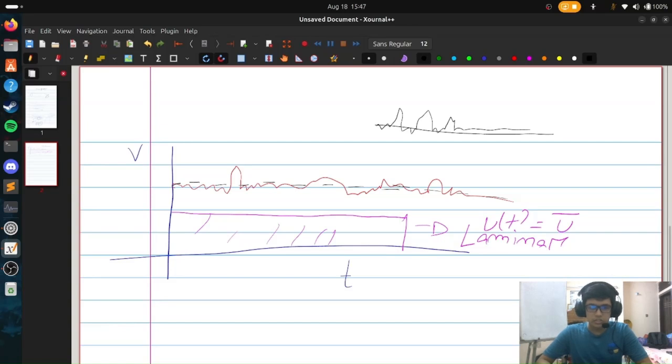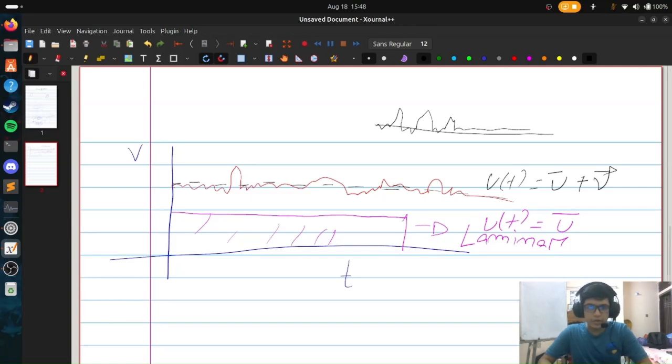In a turbulent flow, you need to add the time-averaged velocity with the fluctuating component as well. This term might be wrong. If there's something wrong, I will tell you later. But that's how it happens.